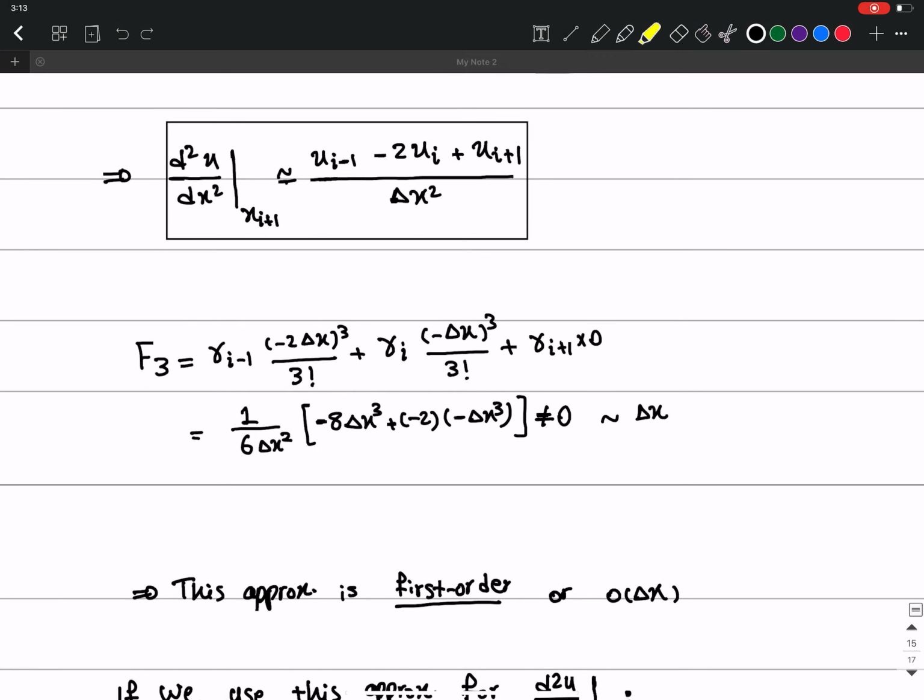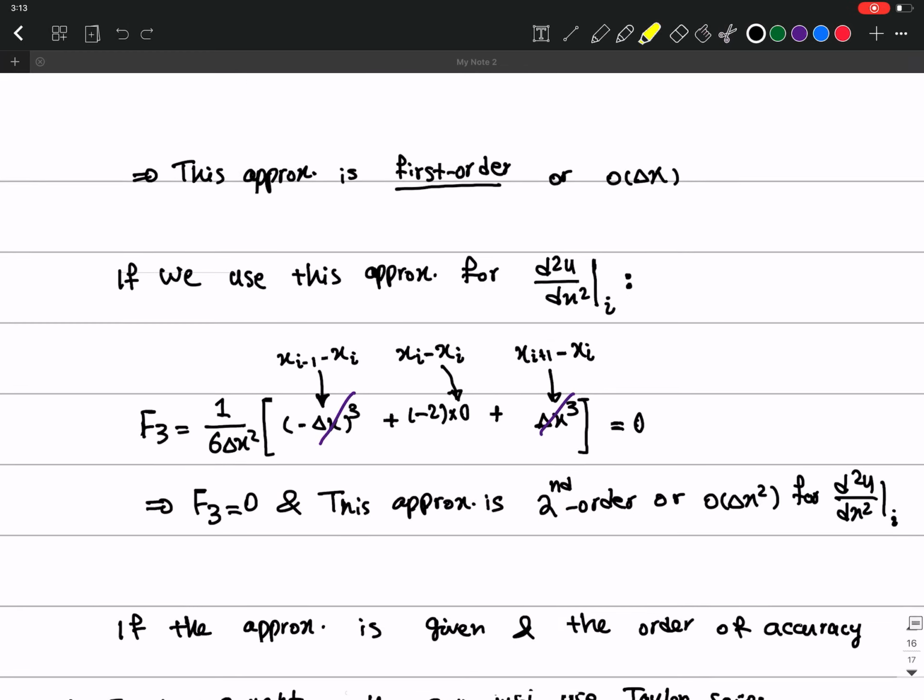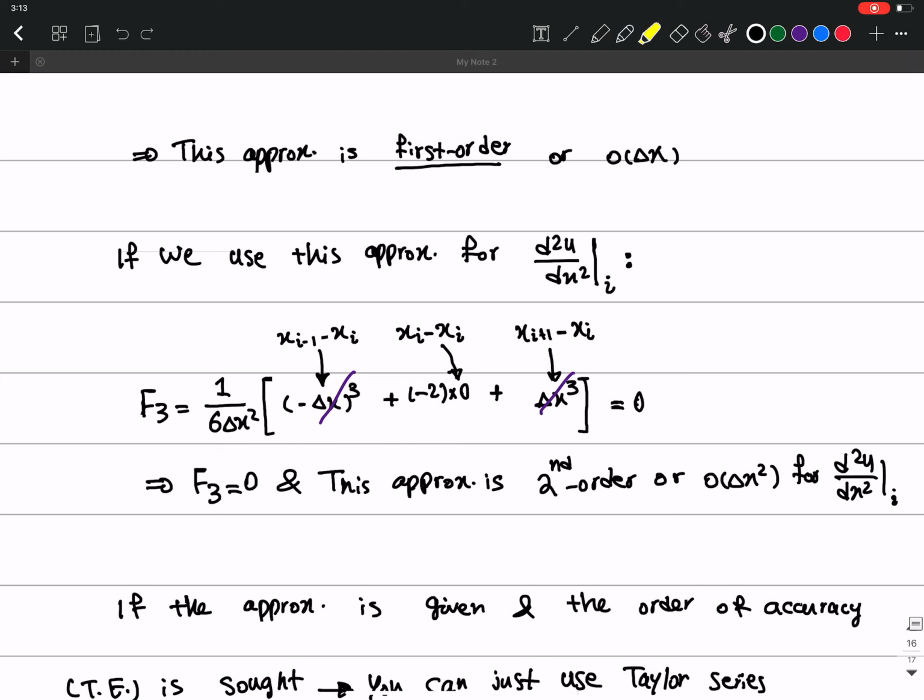And then we tried to find what is the order of the error for this approximation. So we calculated F3, and we found it's not equal to 0. So this approximation is first order, or delta x. And then we said, if we use this for d squared u over dx squared, what's going to happen?